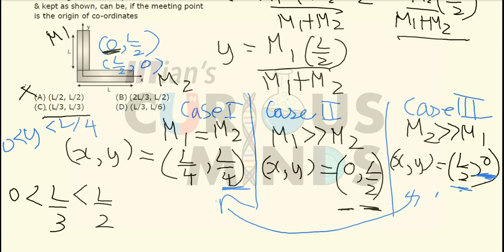But it is given that it is L by 3, which is greater than L by 4, so the third option is also incorrect.